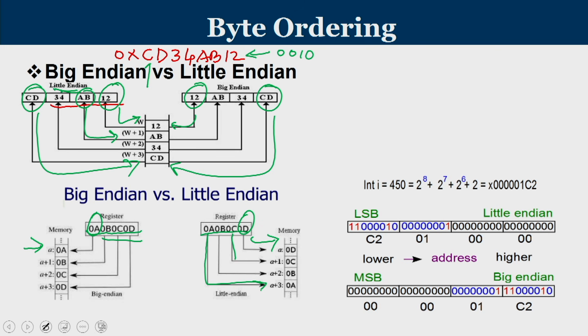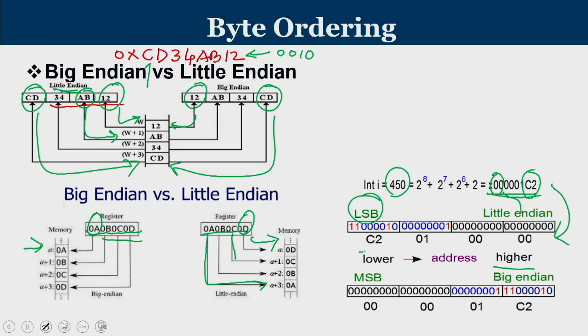Similarly, if you are going to represent the number 450 in a 32-bit value, this is the numerical value equivalent to 450. If it is stored in little endian, this is the way by which it is saved, where the least significant byte will carry C2 and the most significant byte will be stored in the higher address.